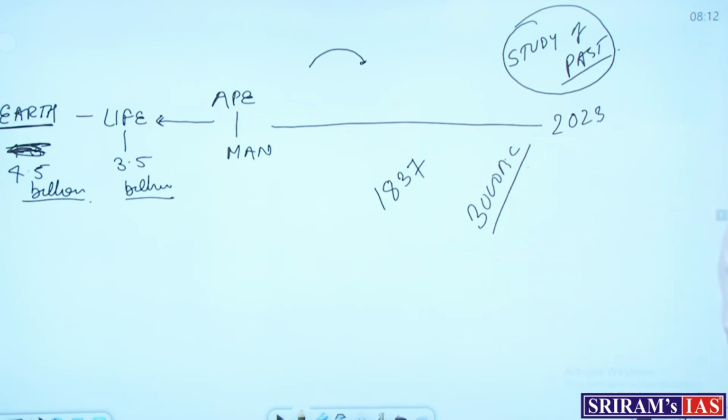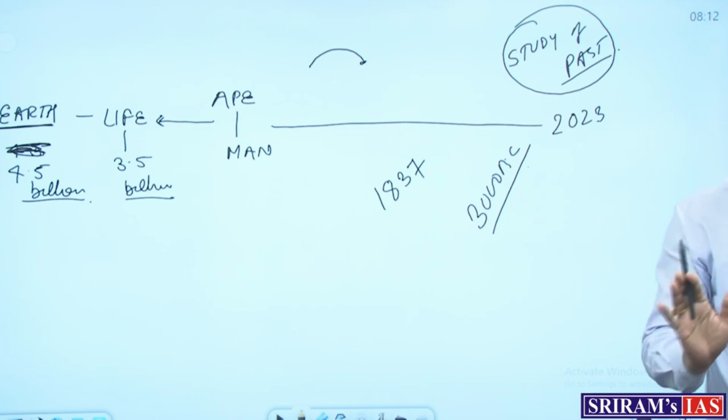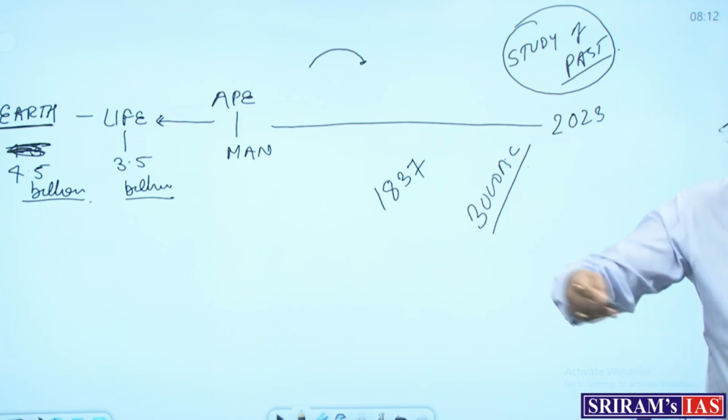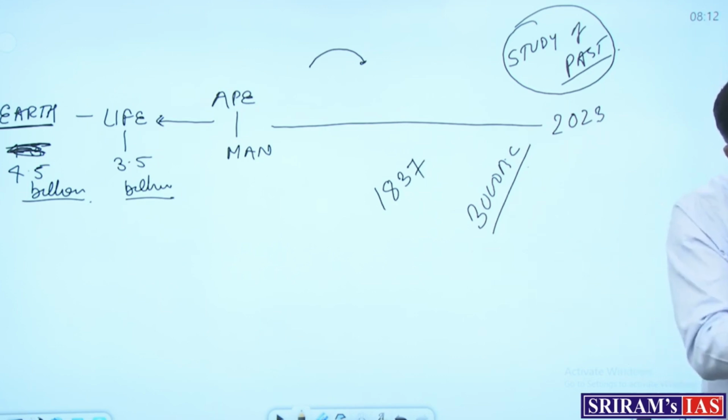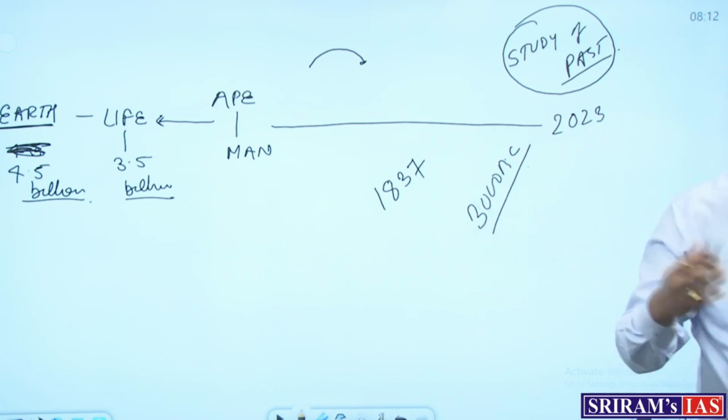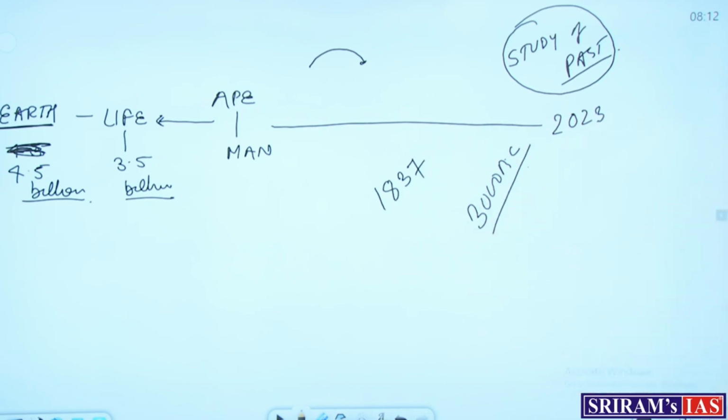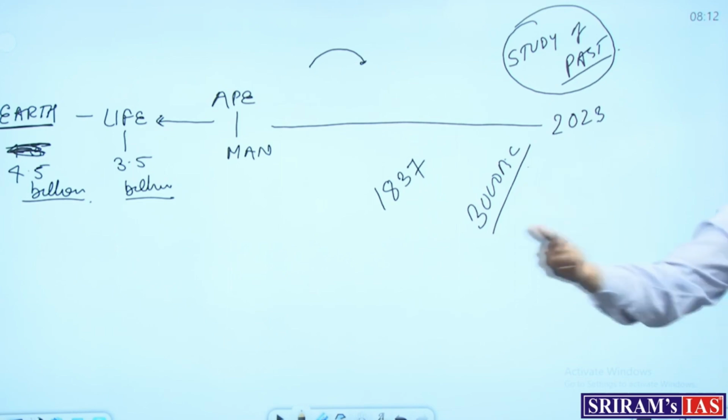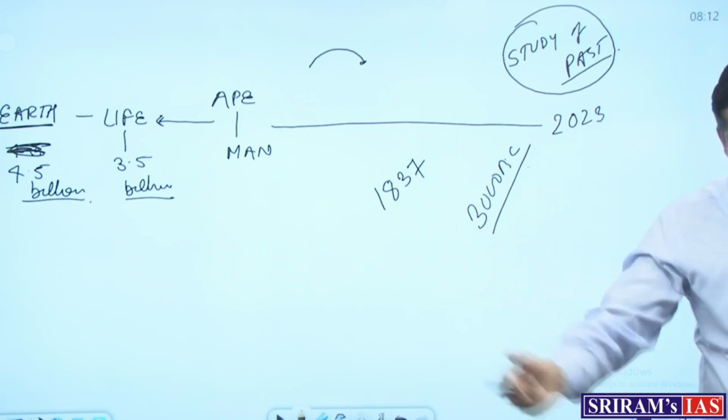So history is what? What the historian says. History is the analysis of the fact by the historians. Historians make the relevant fact historical, and the irrelevant fact unhistorical. So crores of facts are there in ancient India. Some facts became historical and some facts became unhistorical.